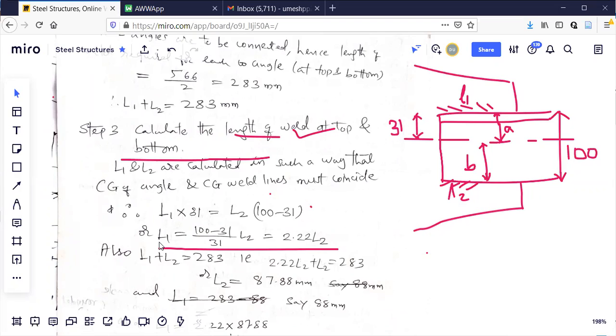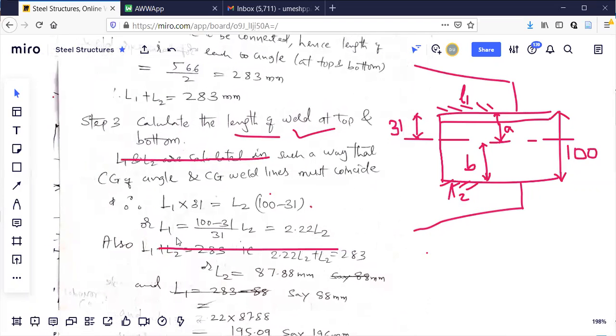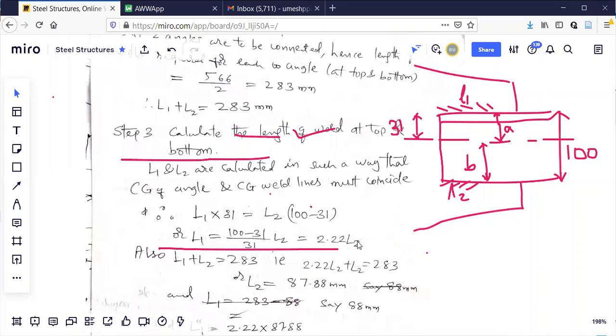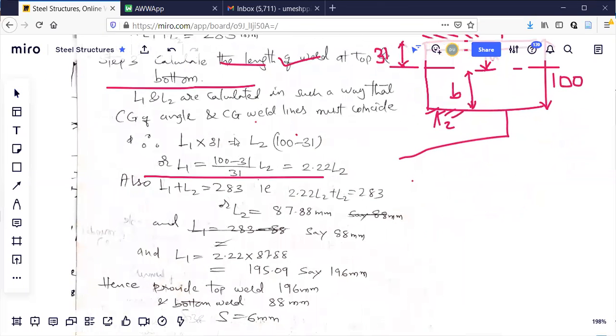Here L1 is equal to 2.22 L2. Just substitute in L1 plus L2 equal to 283. Substitute L1 as 2.22 L2 and you will get the two values separately.